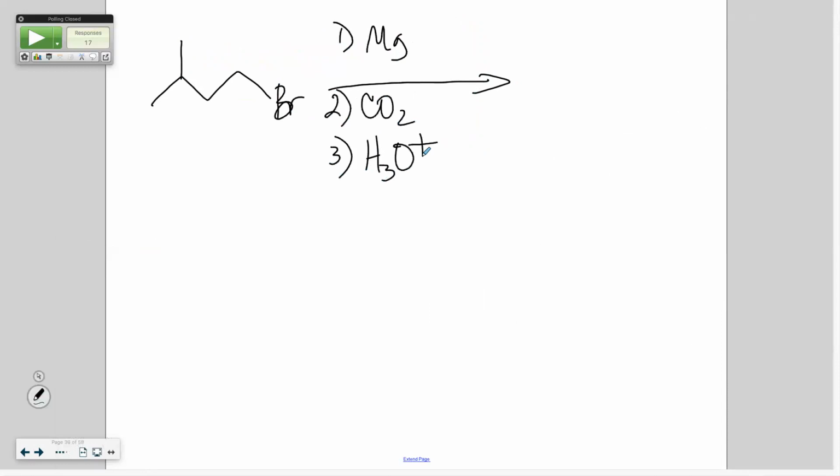What's the major product gonna be? So what are you going to draw? You just have to draw the structure. You don't have to name it. Just draw me a structure.